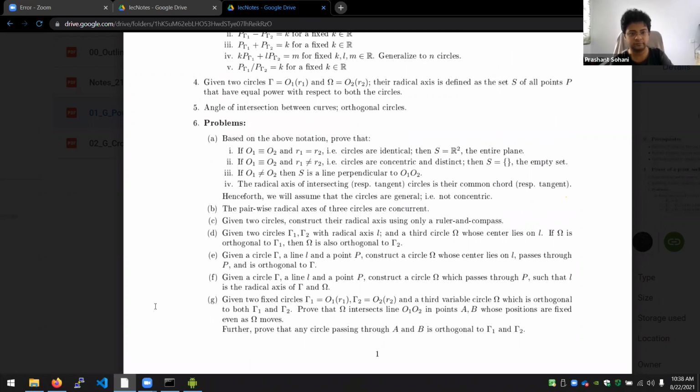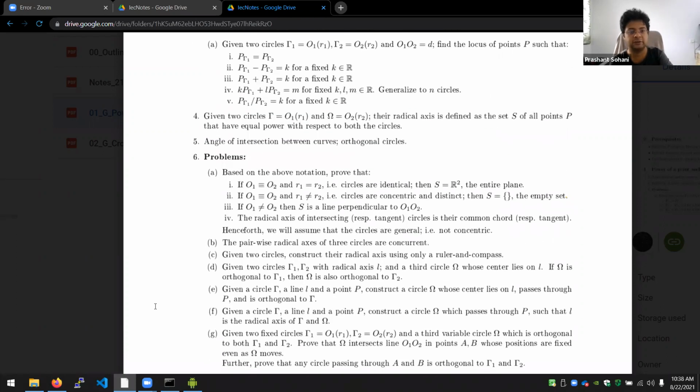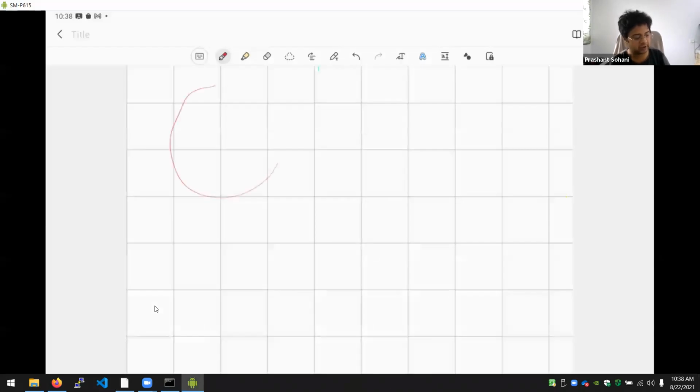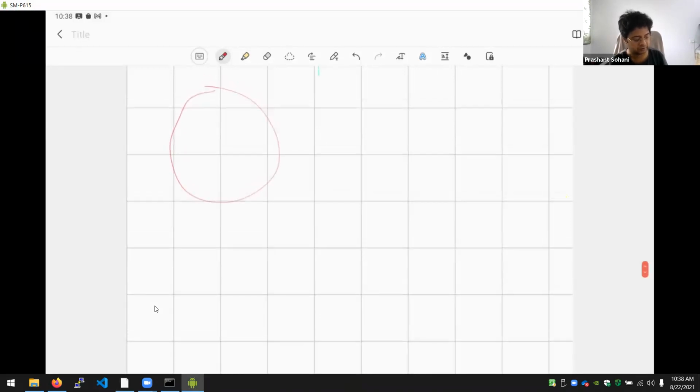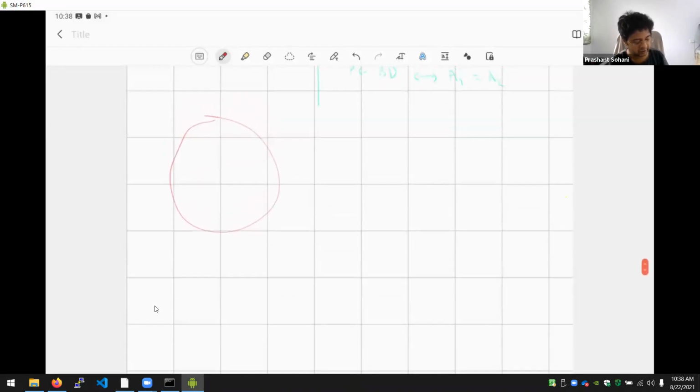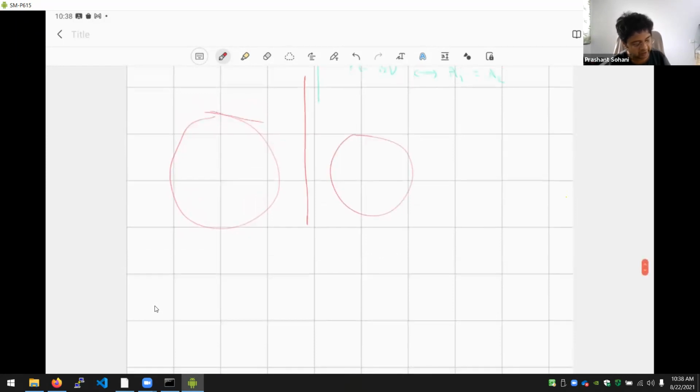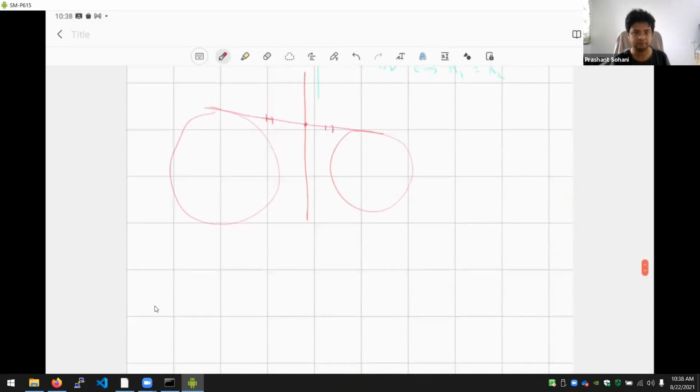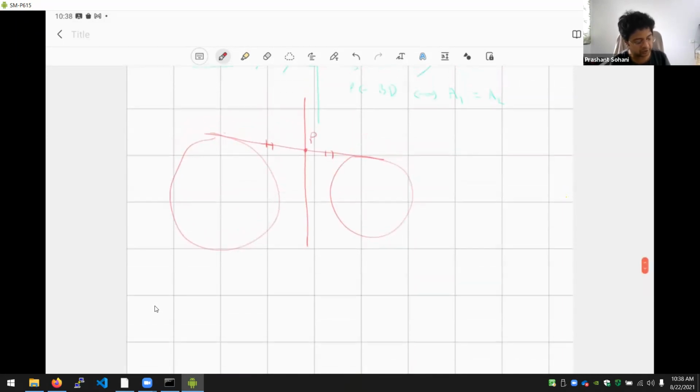Another thing about the radical axis is that it bisects the common tangents. If I have the radical axis of two circles, then on a common tangent this point will be the midpoint, because obviously the power of this point is going to be equal, PT1 squared equals PT2 squared.